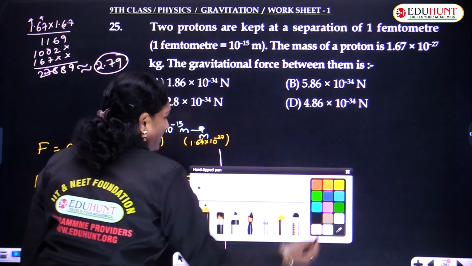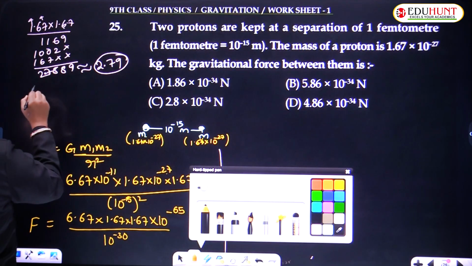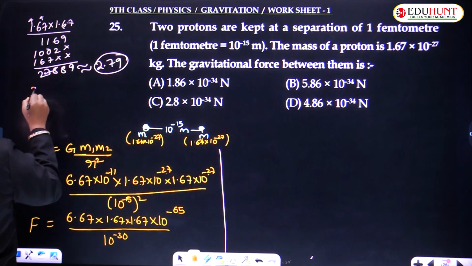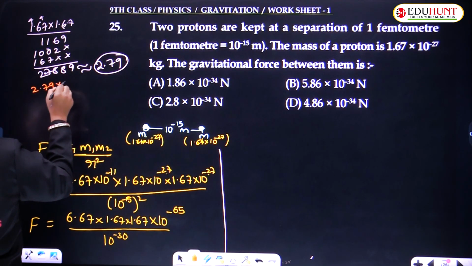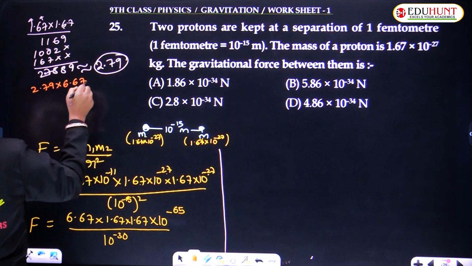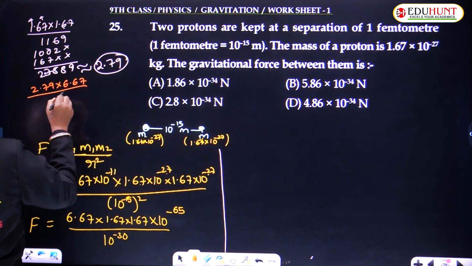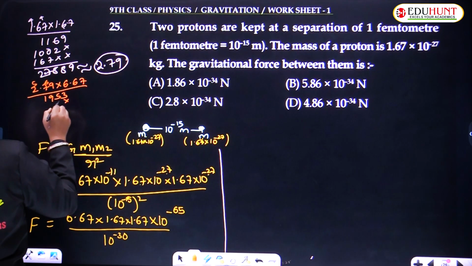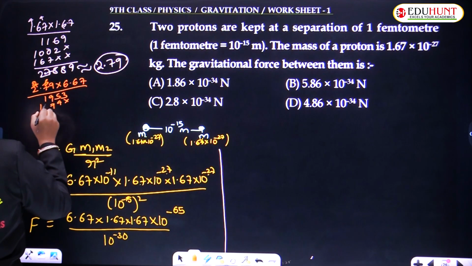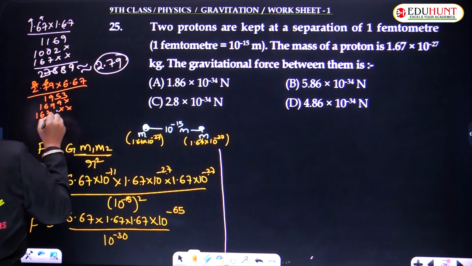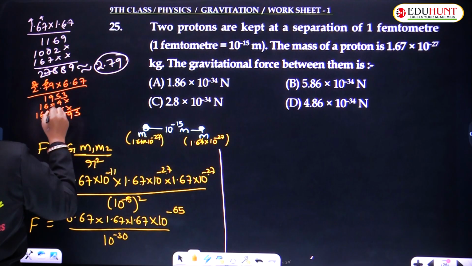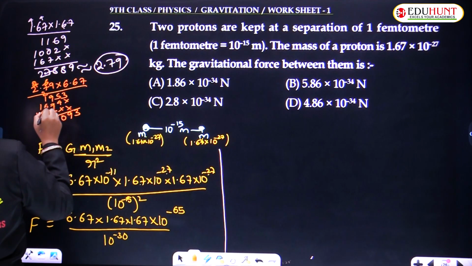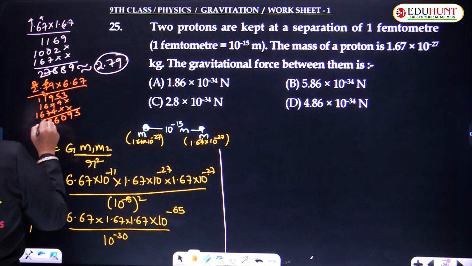So let us check it out. So what is this? 2.79 multiplied by 6.67. So 9 7s are 63. Yes.